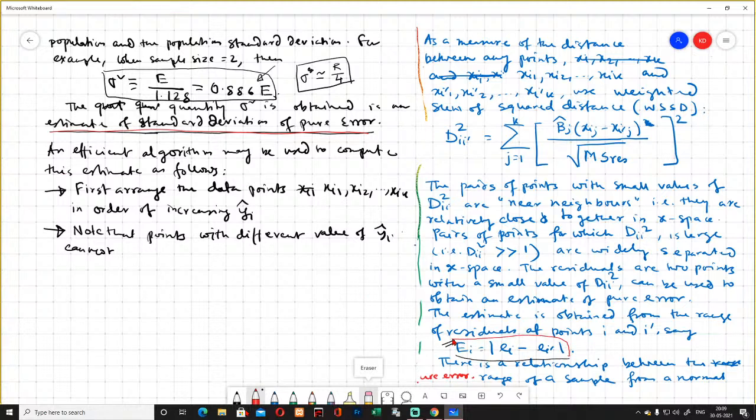This is the mathematical expression: yi equals mu i plus epsilon i, the error included by the ith observation.